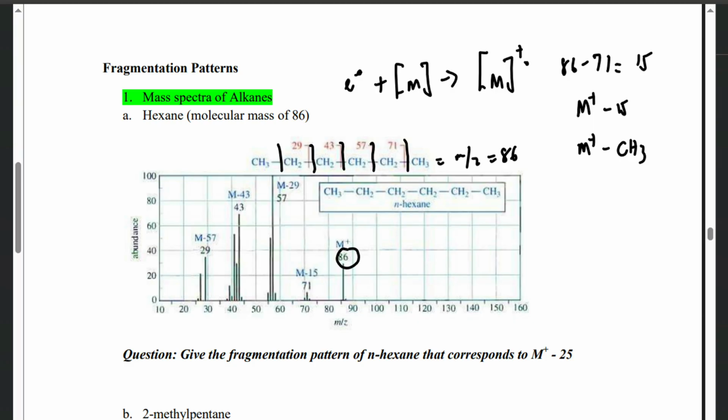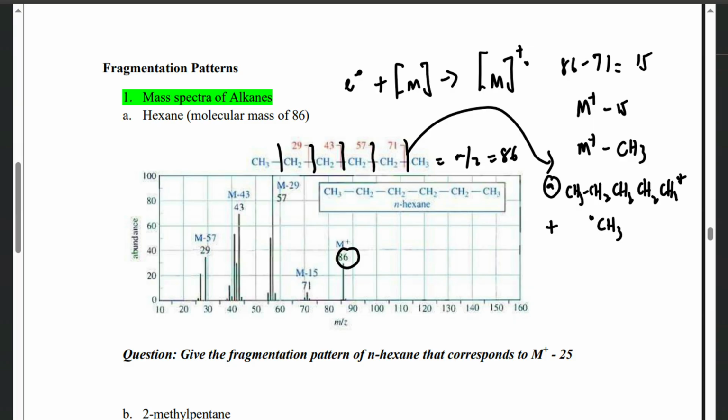When you break this part, you are expected to have CH3, CH2, CH2, CH2, CH2 positive, and then you have the CH3 radical.